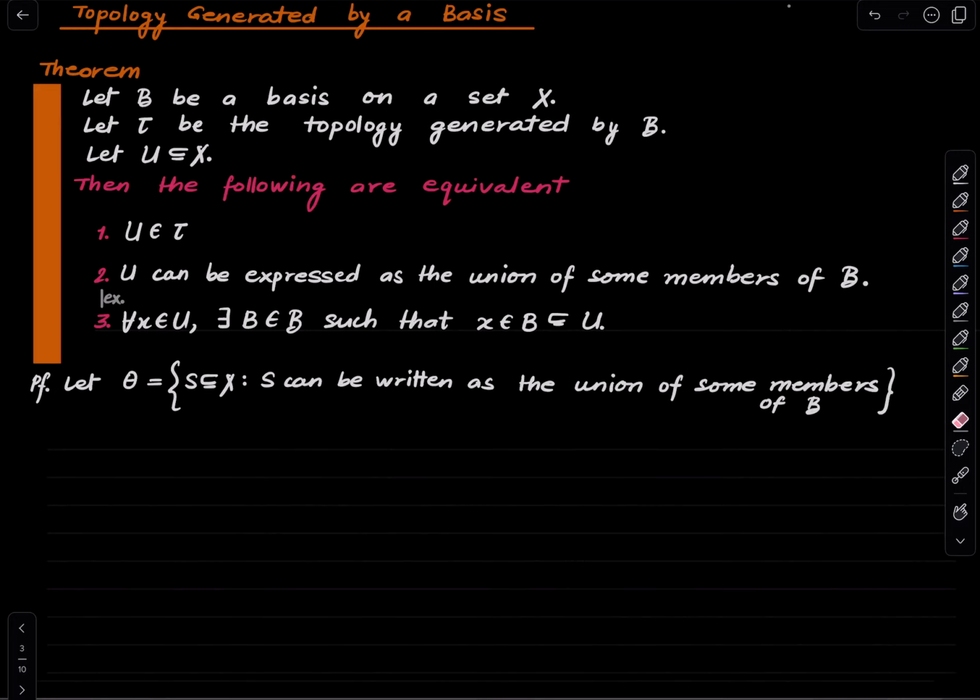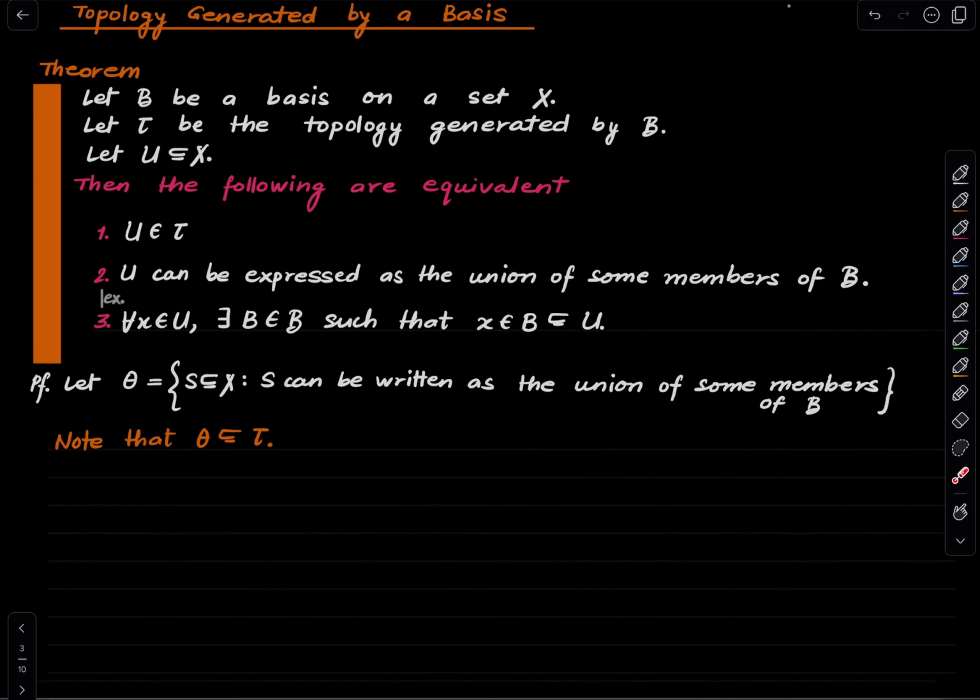Note that theta is contained in tau. Why? Because every basis element is, of course, there in tau. Tau is the topology generated by the basis. Right? Now, since tau is a topology, and since every element of the basis is there in tau, anything that can be written as the union of some of the members of the basis is also there in tau, because any topology is closed under taking arbitrary unions.